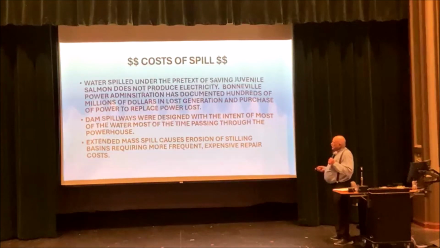Dam spillways that were designed to operate with water over the spillway and water through the powerhouse, in other words, they're operating more with water over the spillways, are being damaged, and the extended mass spill causes erosion of the stilling basins, requiring more frequent and expensive repair.